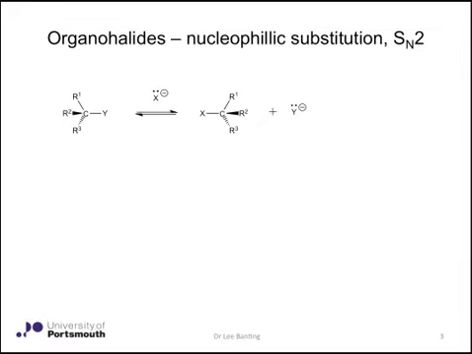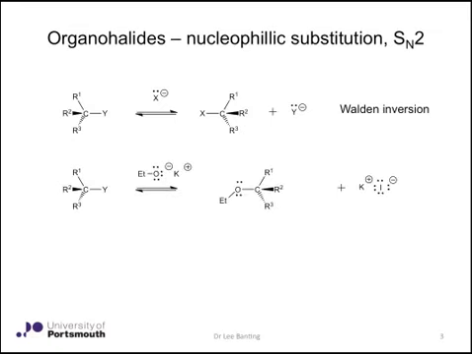When Y leaves the system, SN2 reactions are characterized by an inversion of stereochemistry. This is known as Walden inversion, named after the guy who looked into the chemistry.